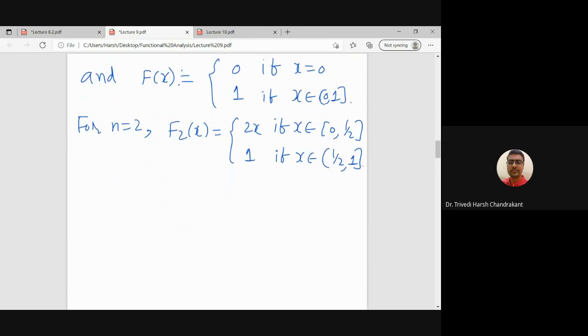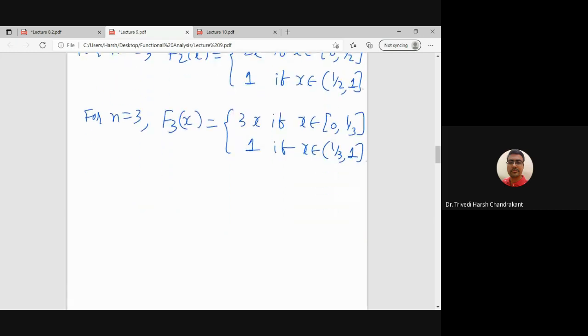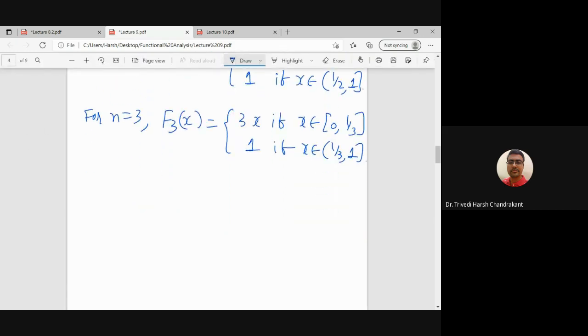And similarly, for n equals 3, we get f3(x), which will be 3x if x is in 0 to 1 by 3, and the value is 1 if x is in 1 by 3 to 1. Let us try to draw these two functions on the real line in the xy plane.